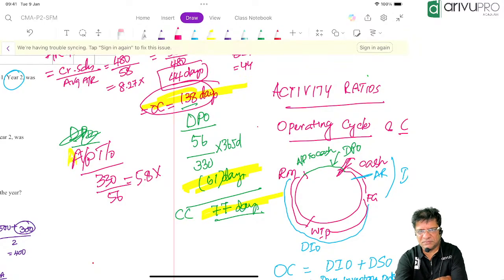The lower the accounts payable turnover, the slower we are paying the supplier. What is desirable? We should not pay faster. We should delay, a reasonable delay. But we want our cash cycle to be lesser. How to make the cash cycle less? DPO should be longer.